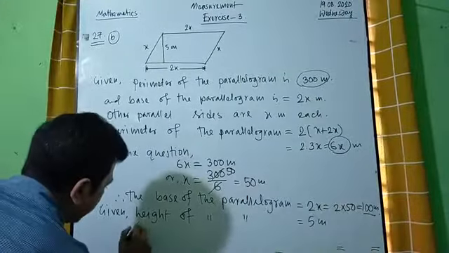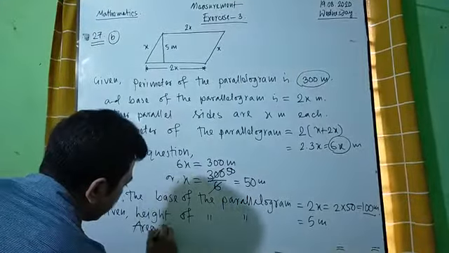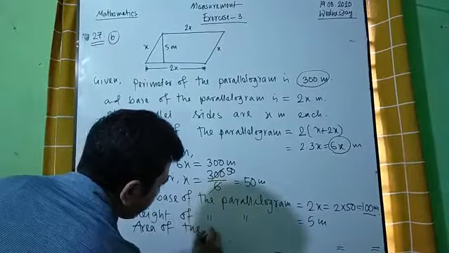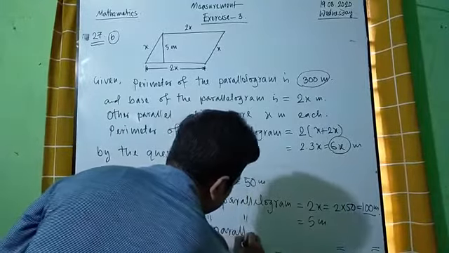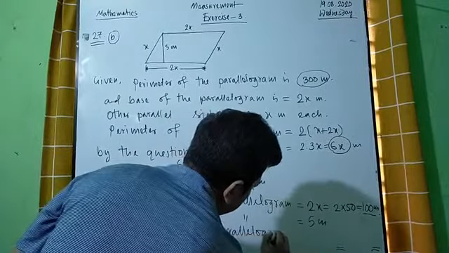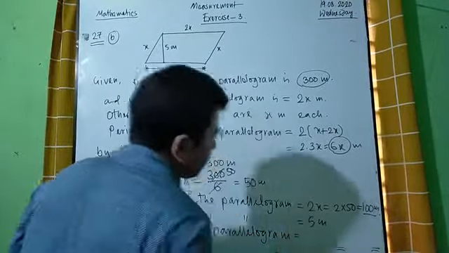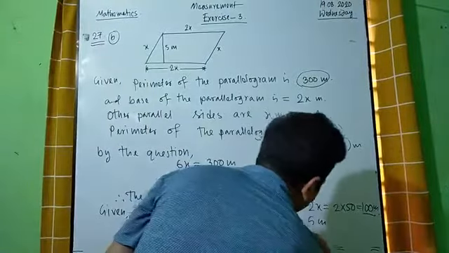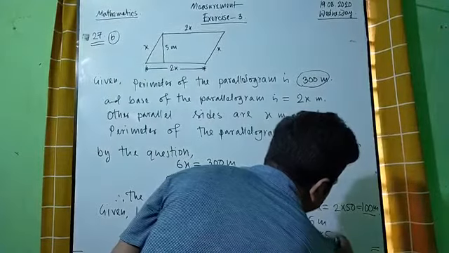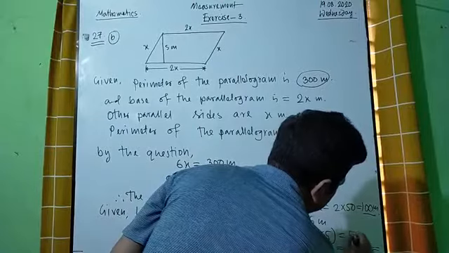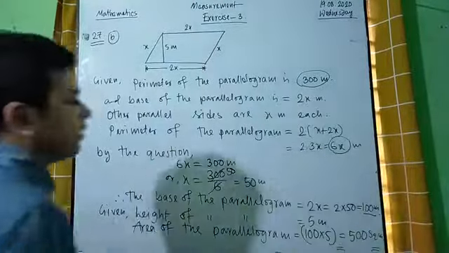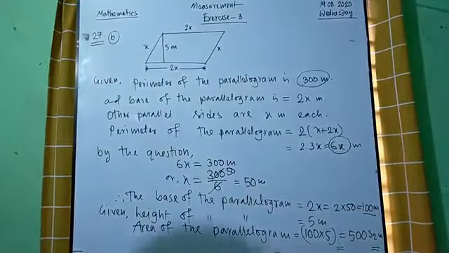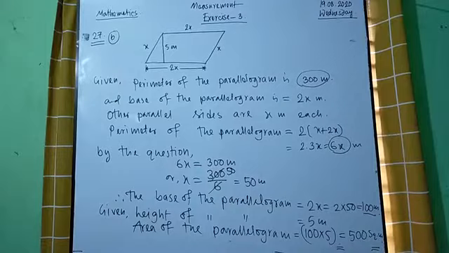So area of the parallelogram equals base into height, so 100 into 5 equals 500 square meter. So required answer is 500 square meter. Okay, so number B finished.